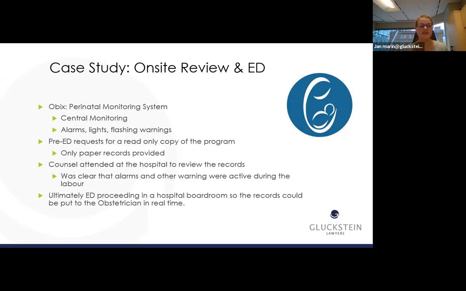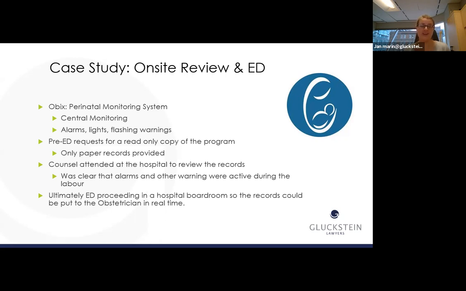At any rate, what ended up happening is that there was an agreement that counsel could attend at the hospital to take a look at the program, see how it operated. Ultimately, that's what we did, and went on numerous occasions to learn about the functionality of the system, and even on one occasion, a clinical educator was made available to look at the system, to answer functionality questions, and it allowed us to learn about the system in practice and see things that weren't available in the chart we received.